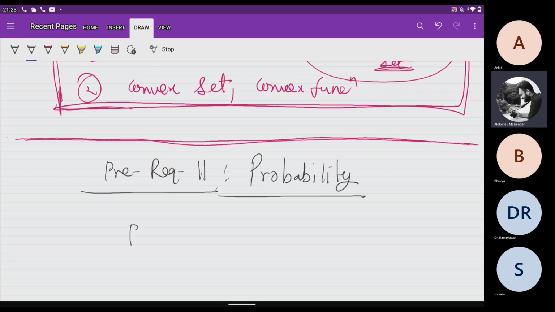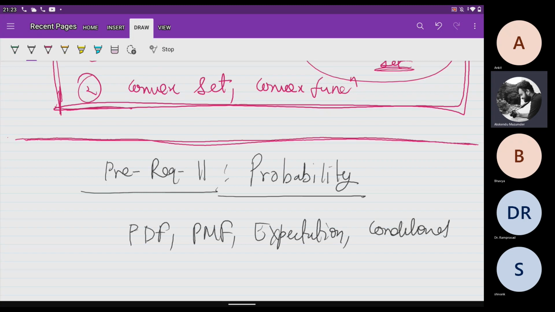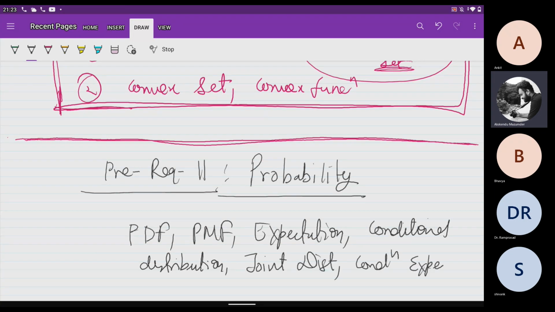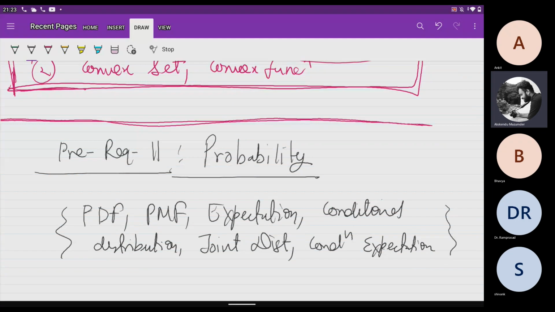Like, do you understand the terms probability density function, probability mass function, expectation, conditional distribution, joint distribution, conditional expectation? Just quickly tell if you have been through a basic probability course or not. Not much. Okay, cool. Then we will start today.